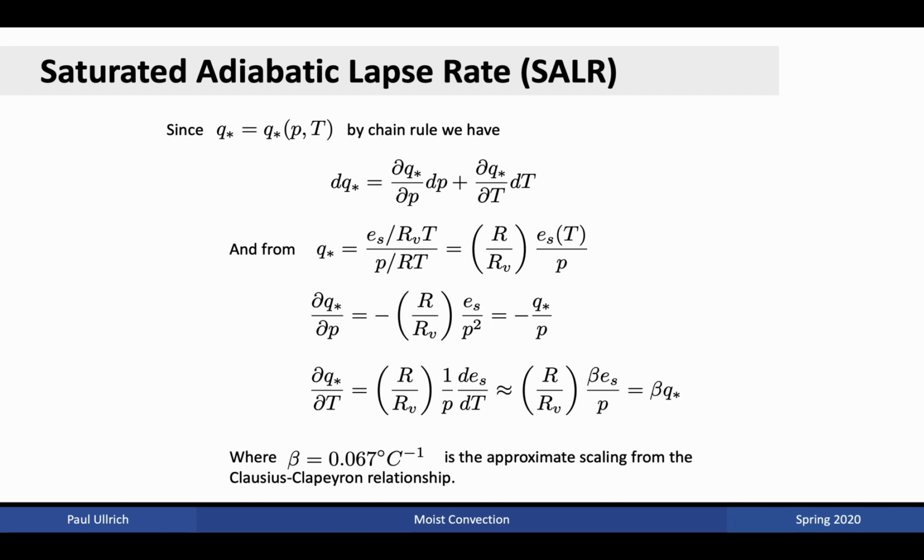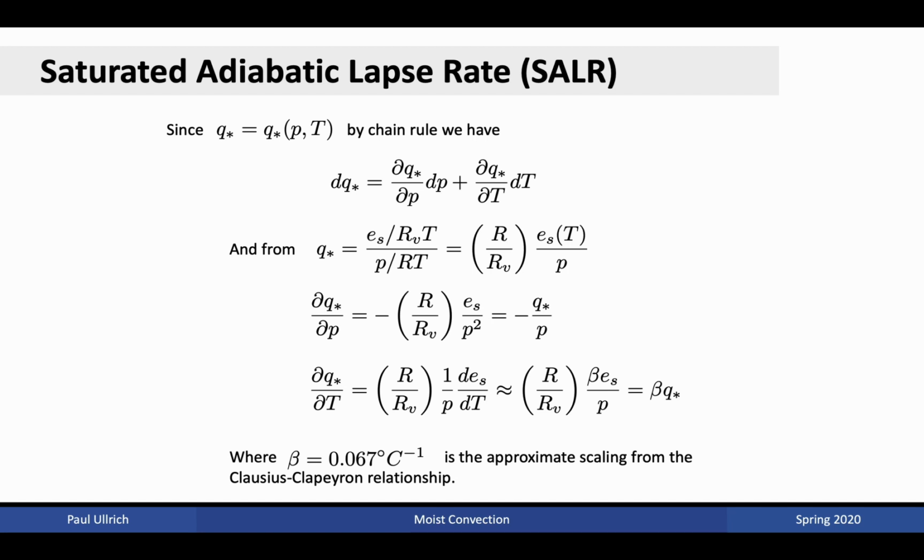The temperature derivative, on the other hand, needs to impact this saturation vapor pressure. So we can take a derivative of es with respect to T and approximate that using a Taylor series expansion as a constant. The approximate scaling of this relationship with respect to temperature, then, is given by this beta quantity.